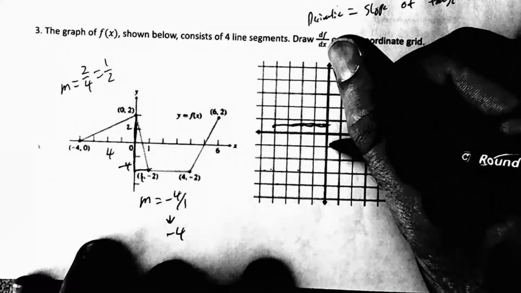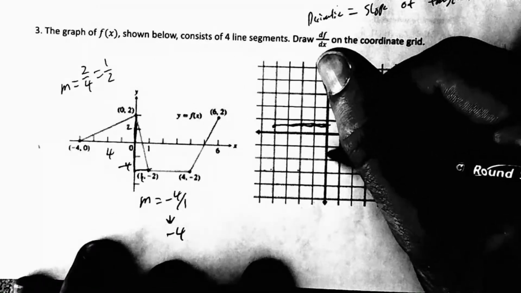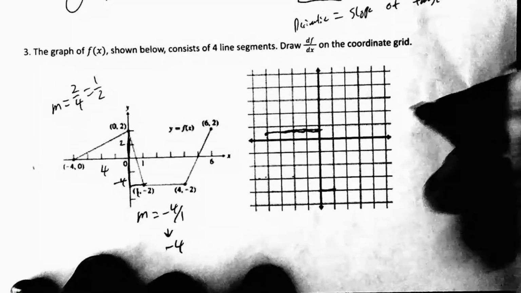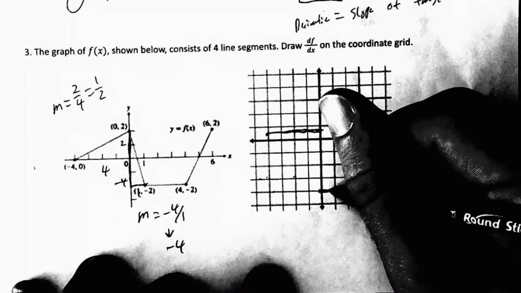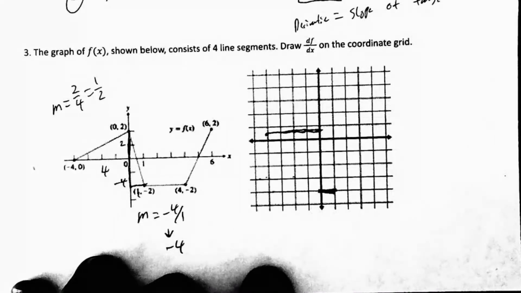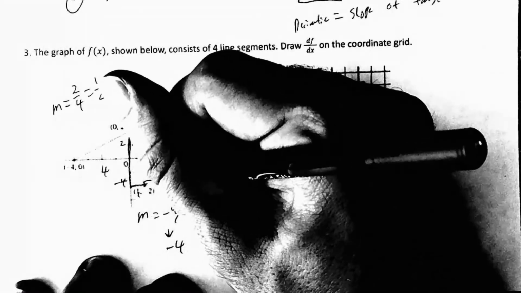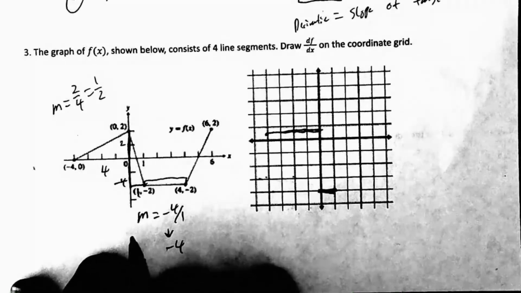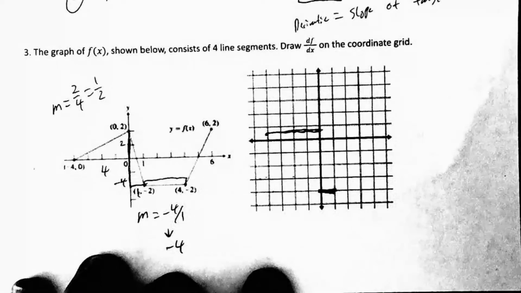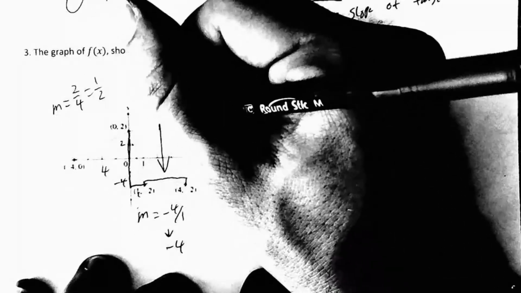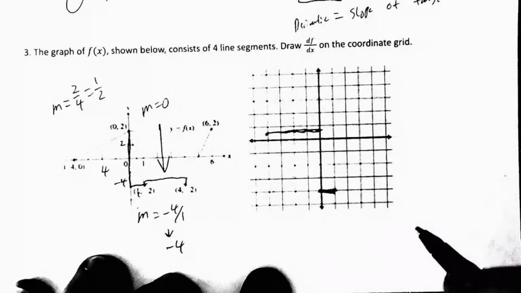So for a brief time, 1, 2, 3, we have a derivative down here at negative 4. Let me try to make that as clear as possible. Okay. And then from 1 to 4, notice that this is a horizontal line, right? So we're not increasing or decreasing here. So this is m equals 0 because there's no slope.